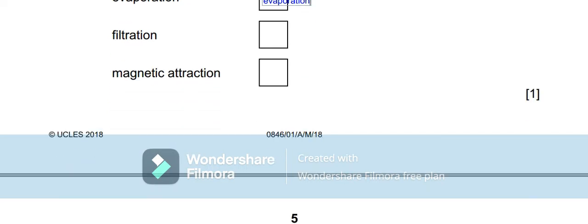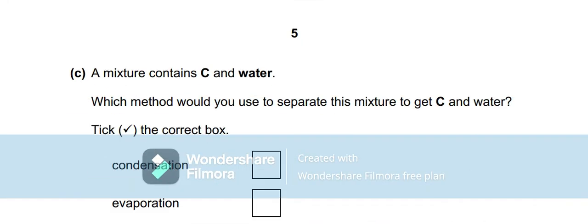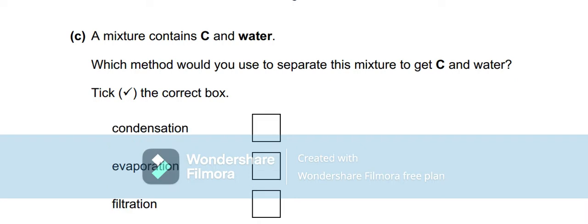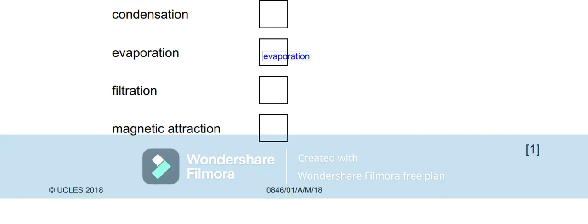Okay, fine. We go on to the next part of the question. We are still on the same question, which says a mixture contains C and water. Which method would you use to separate this mixture to get C and water? So you go to the properties.